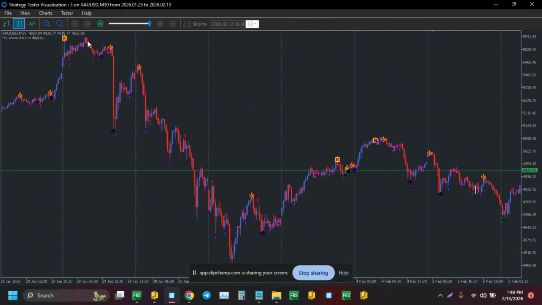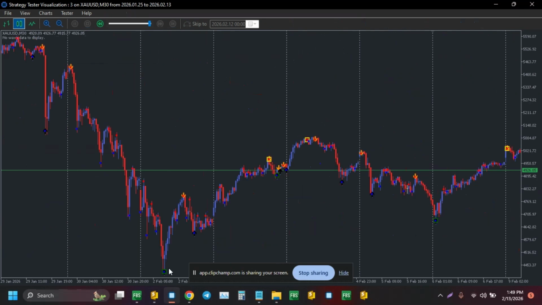This is the high that was formed on January 30, the start of the dominating candle. The bearish price formed at 5597 over here. Since then we had a five-wave drop. You can see this yellow square is the start of the wave.